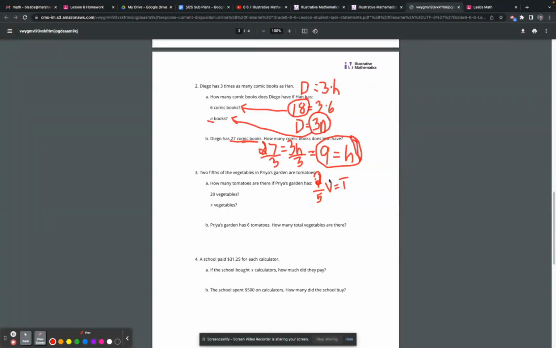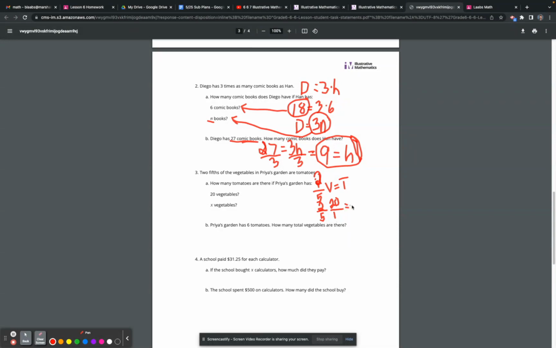So how many tomatoes are there if Priya's garden has 20 vegetables? I would replace this V with 20 because they're giving us a number, and that will tell us the amount of tomatoes she has. So I have 2/5 of means times 20. I'm going to write over 1 to make it a fraction.